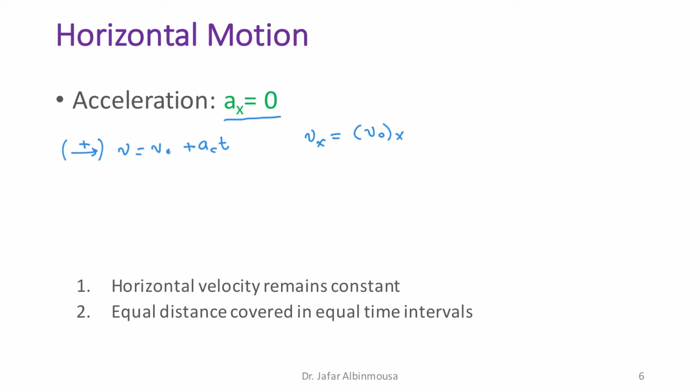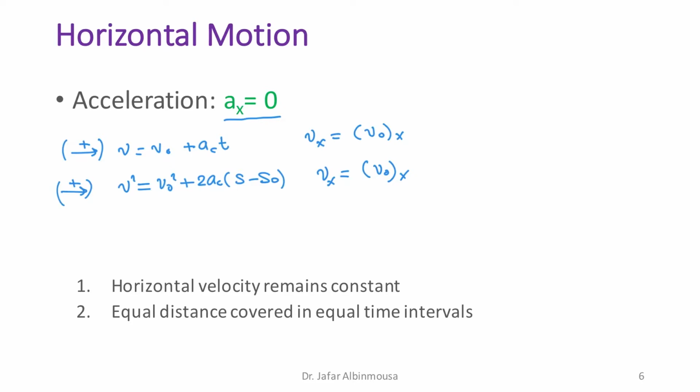Now we write down the second equation. Again, we take the right-hand side as positive, and we say v squared equals v0 squared plus 2 a_c multiplied by (s minus s0), and the equation again becomes vx equals v0x. Why? Because the second part is multiplied by a_c, which is 0, so we are left only with this part.